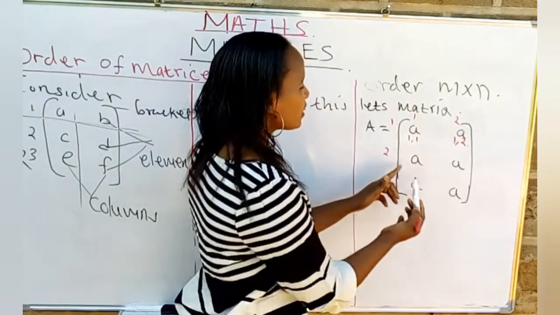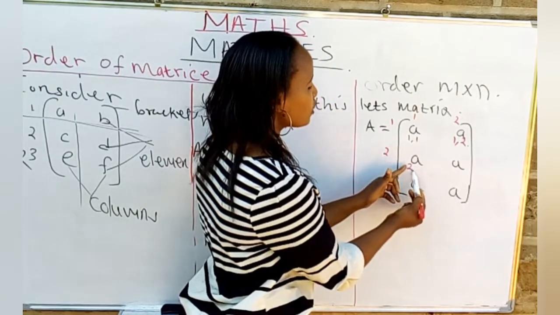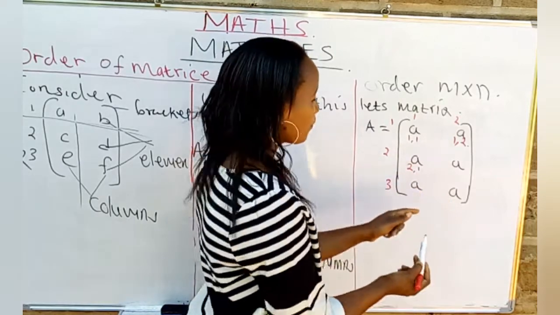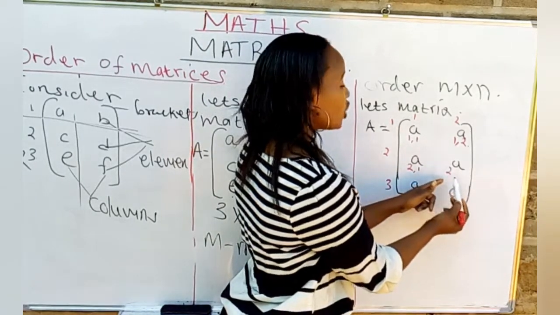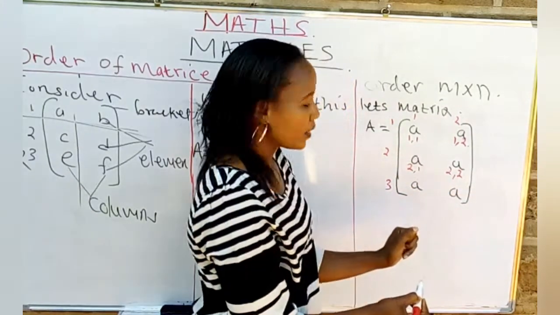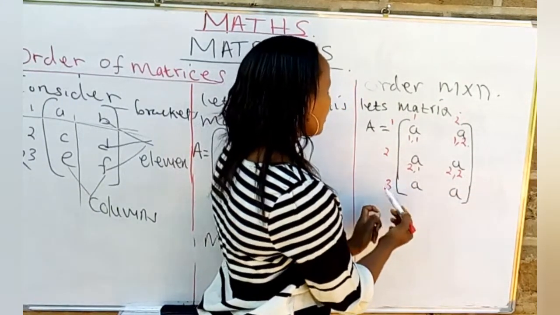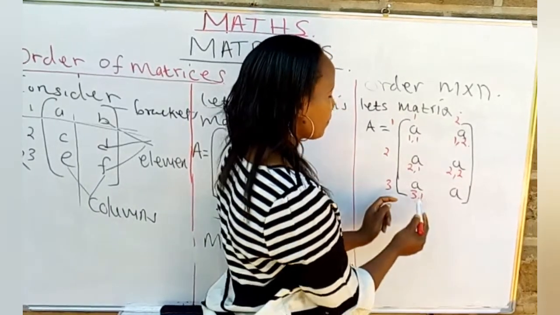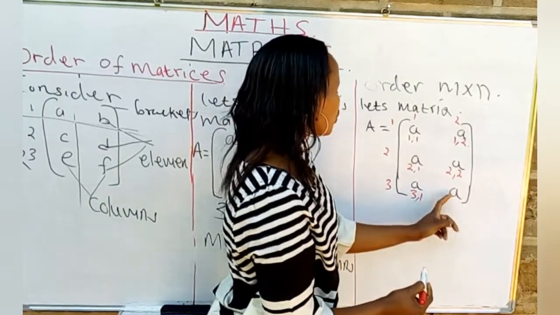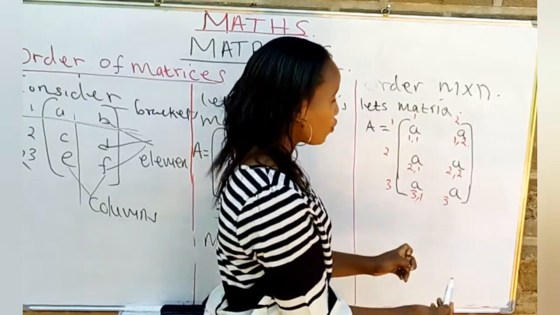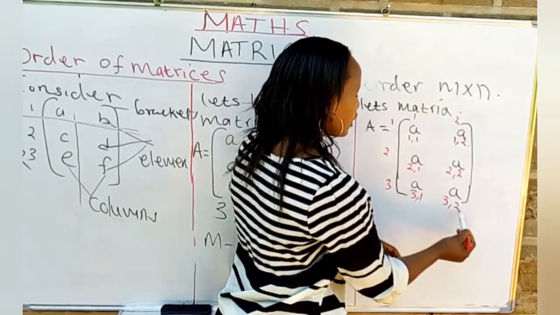This element is in the second row and first column. This other element is still in the second row but in the second column. This other one is in the third row and the first column. And this other element is still in the third row but in the second column.